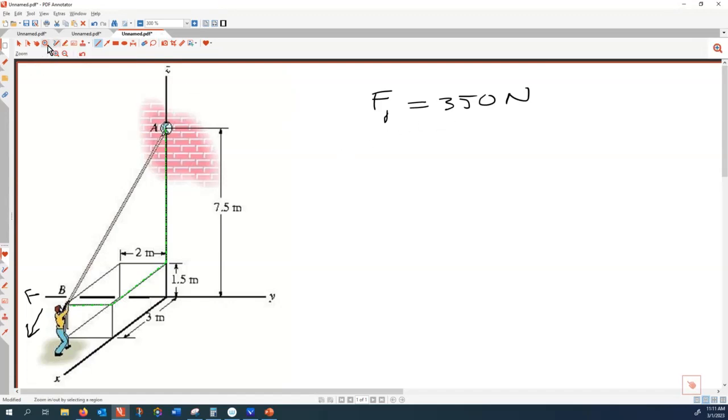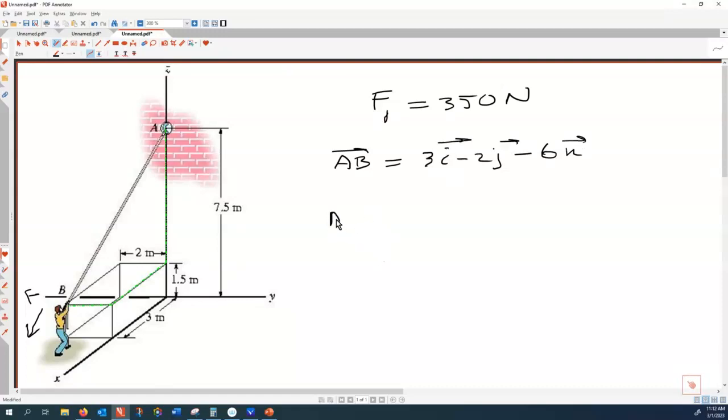So AB is 3i minus 2j, and minus 7.5 take away 1.5, because this is not level with the ground. So 7.5 minus 1.5, that is 6, minus 6k.